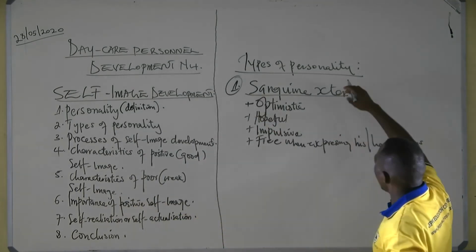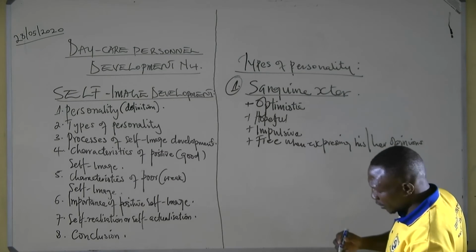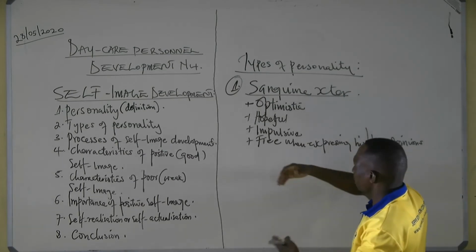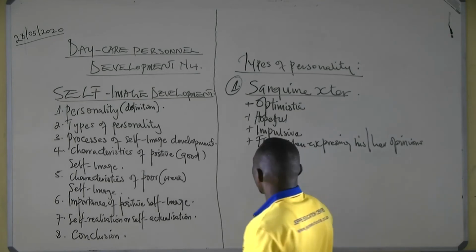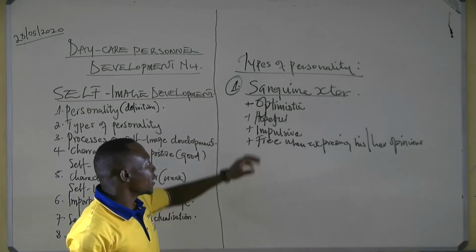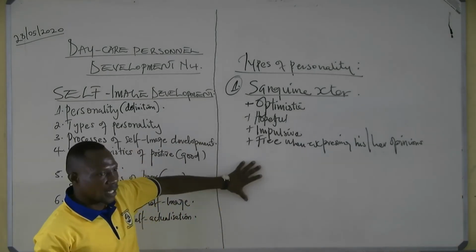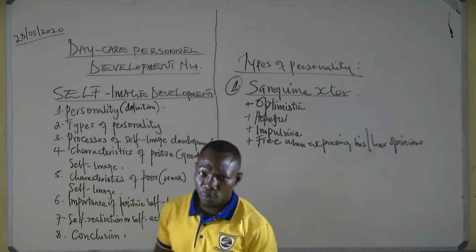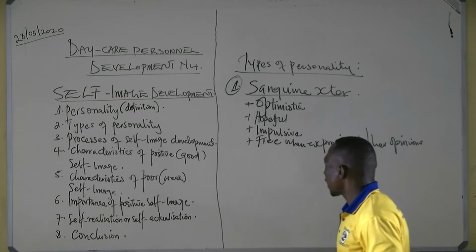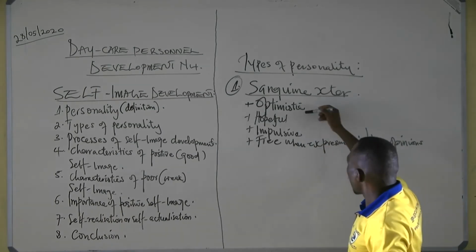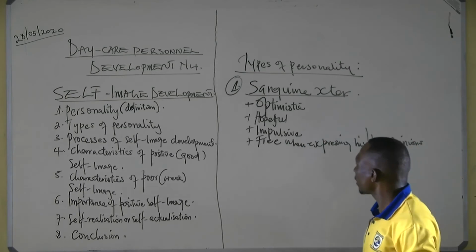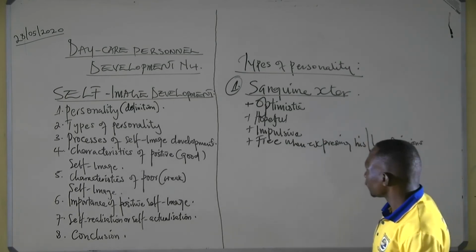Yes, with sanguine character, people bearing a sanguine character, these people are always optimistic. These people are always outgoing. You see, in the fact that these people are always seen not afraid to express their opinions to the different social groups in the societies where they stay. So these people are open-minded.